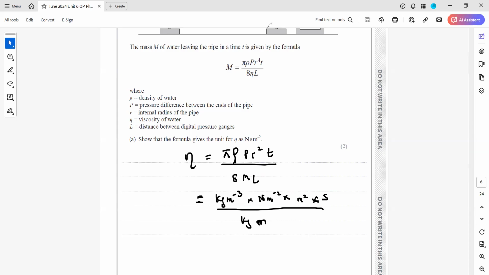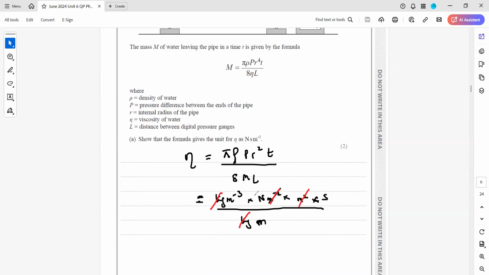Now we simplify this. Meter square, meter minus 2 and meter square cancel out each other. Then this kilogram also cancels with kilogram. This meter cube, this is a meter because here length is there.